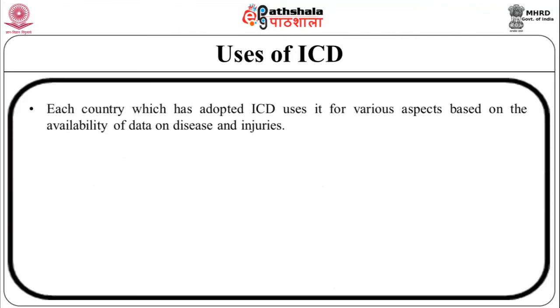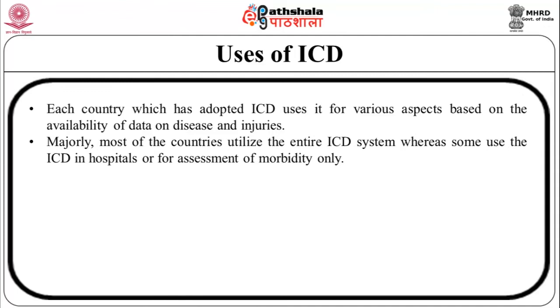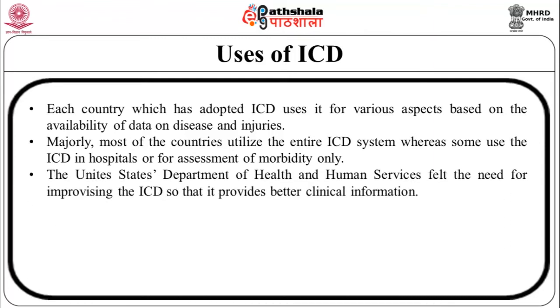Each country which has adopted ICD uses it for various aspects based on the availability of data on disease and injuries. Naturally, most of the countries utilize the entire ICD system, whereas some use the ICD in hospitals or for assessment of morbidity only. The United States Department of Health and Human Services felt the need for improvising the ICD so that it provides better clinical information.